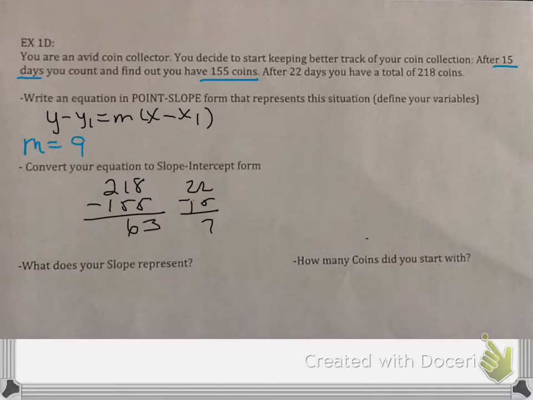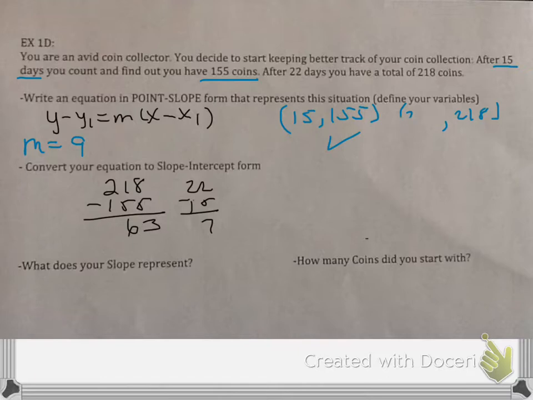Now we've got to pick a point. If you remember, we had two of them: 15 and 155, and the other point was 22 and 218. We can pick either one to use. I don't know about you, but I'll probably use smaller numbers, so I'm going with this one.